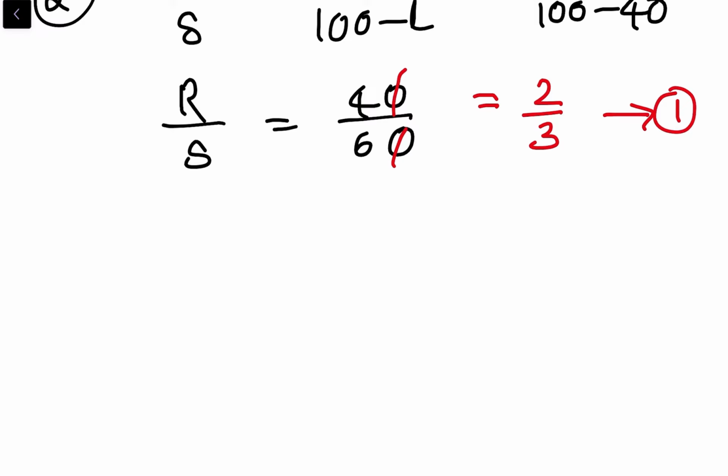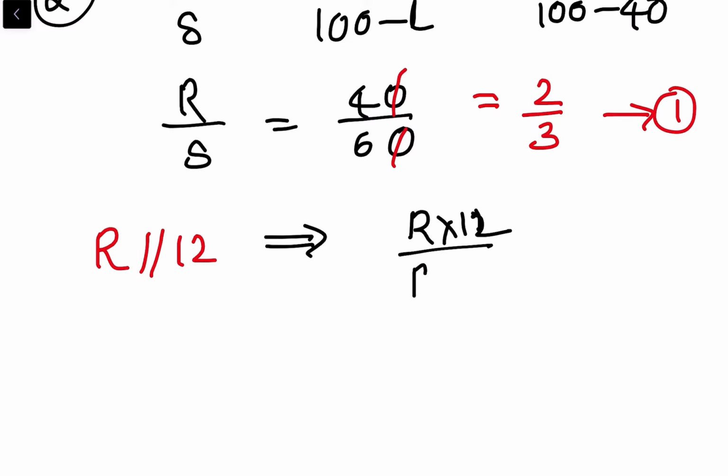So now, one resistance of 12 ohms is connected in parallel. The resultant resistance will be R1 R2 by R1 plus R2, that is R into 12 by R plus 12 according to the formula, that is 12R divided by R plus 12.